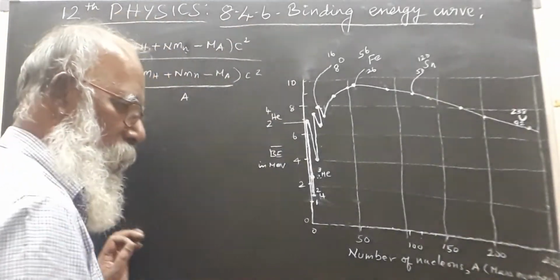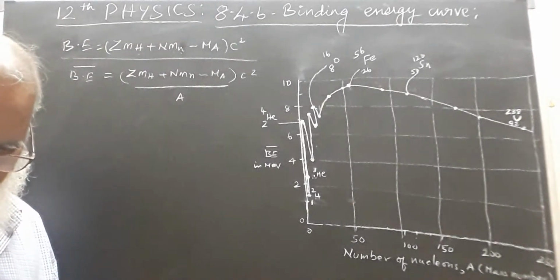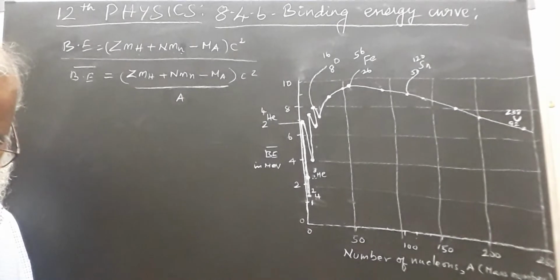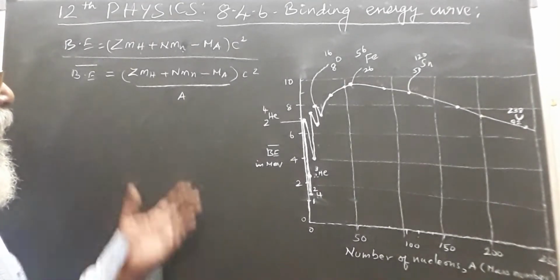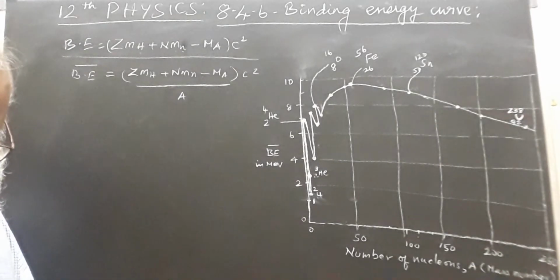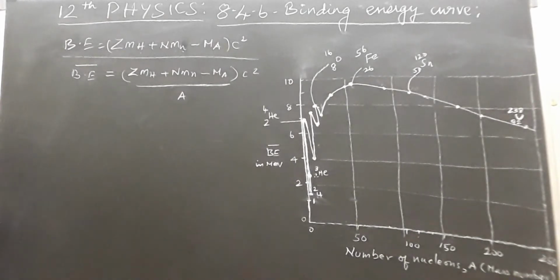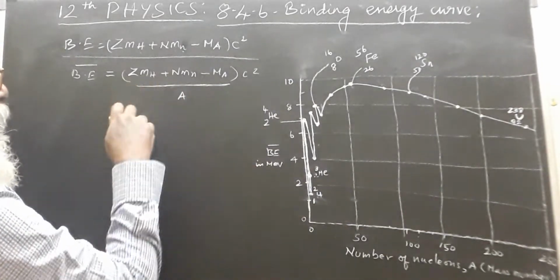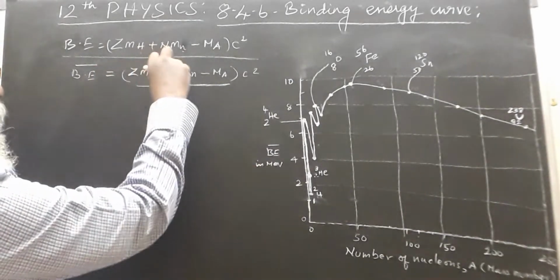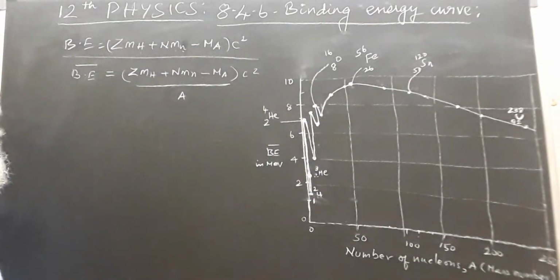Before starting, what is meant by binding energy per nucleon? It is the energy required to separate a single nucleon, to bring the nucleon out of the nucleus.